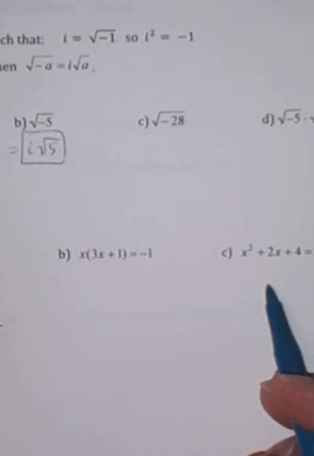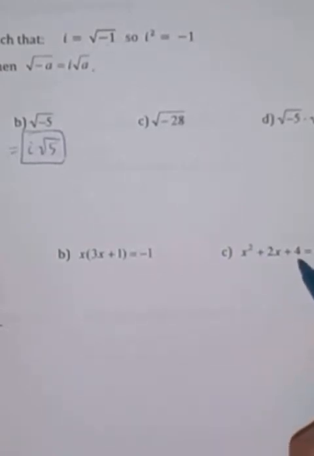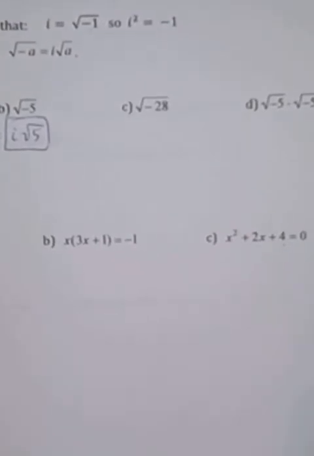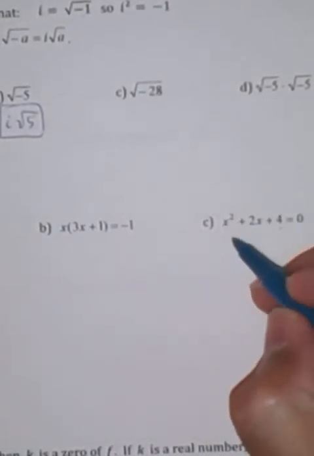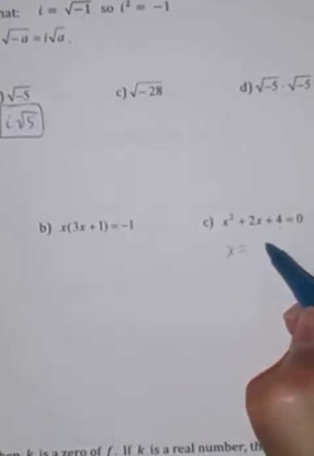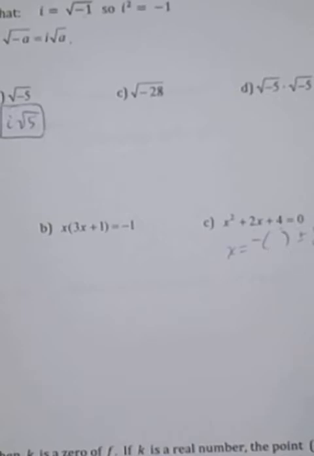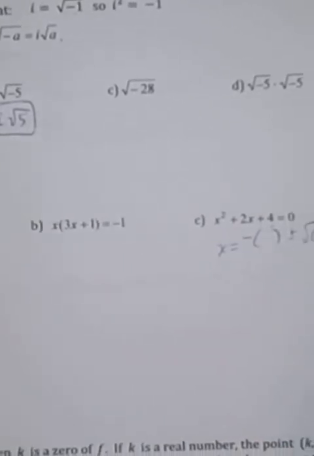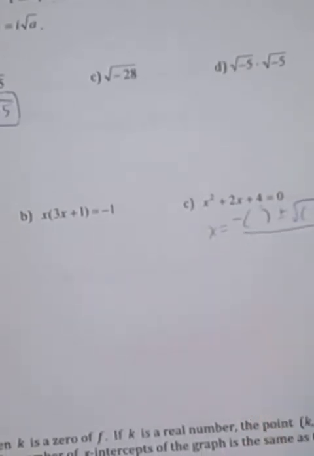Letter C, x squared plus 2x plus 4 equals 0. If I try factoring, the factors of 4 that add up to 2, there are none. So I'm going to use the quadratic formula. x will be negative b plus or minus square root of b squared minus 4ac, all over 2a.